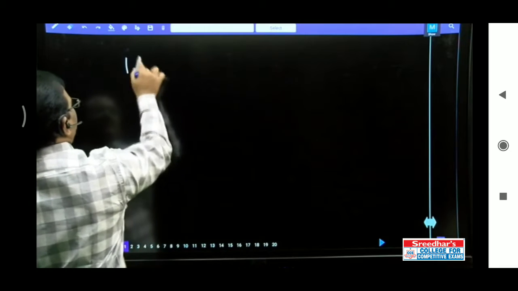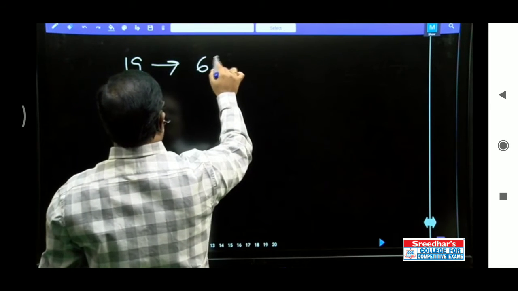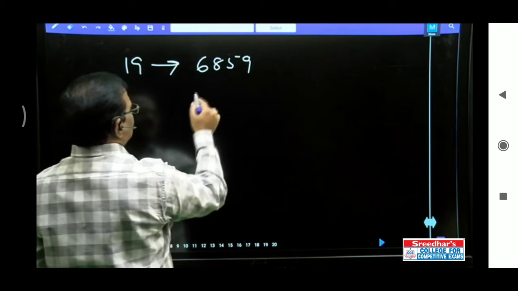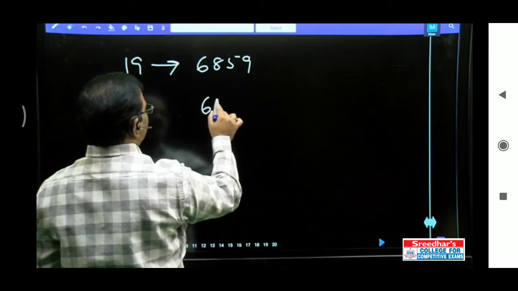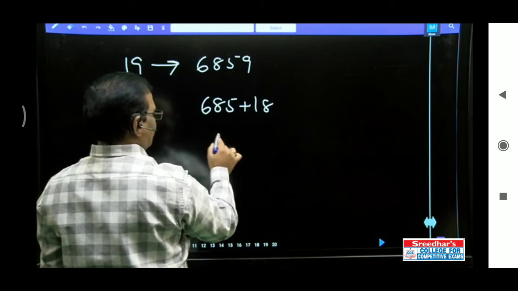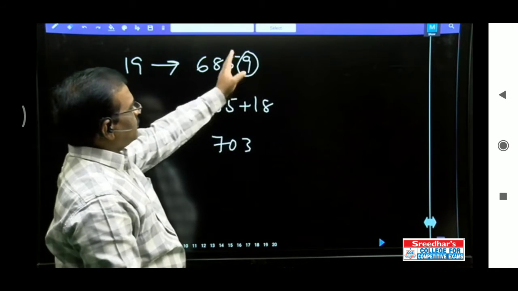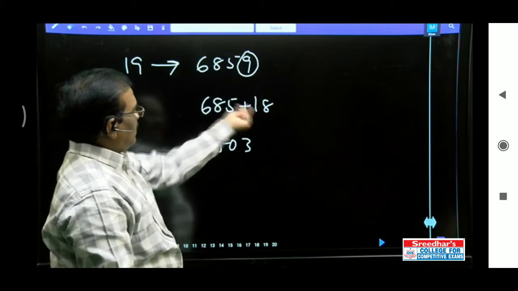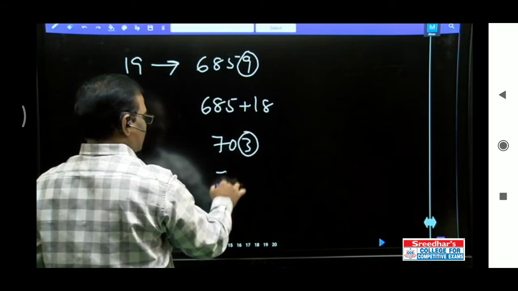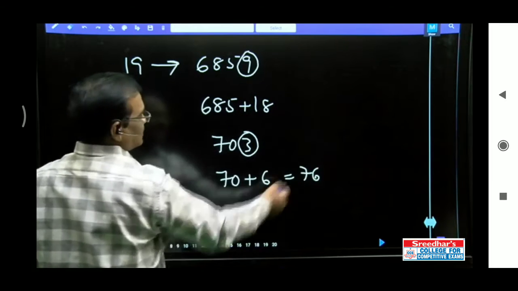You know the condition very well. Once again, take 19 cubed, 6859. Separating the units digit: 685, and 2 9s are 18. Adding, 685 plus 18 is 703. Now separate the units digit again and double it: 70 plus 2 3s are 6, that is 76, 19 4s are 76, you know very well.